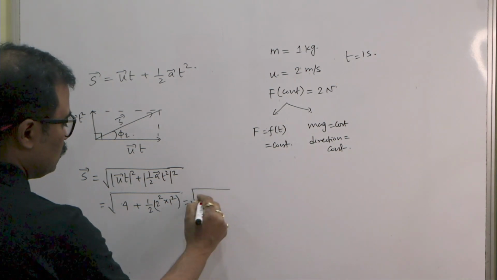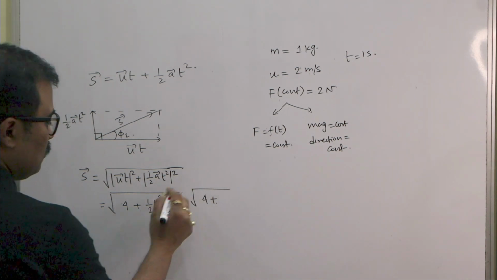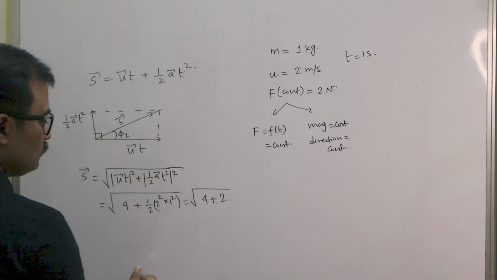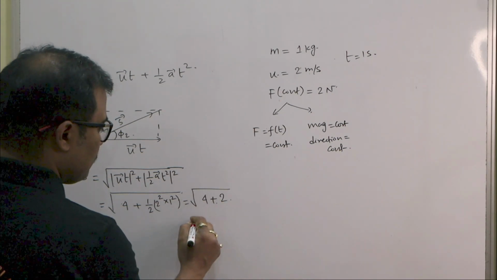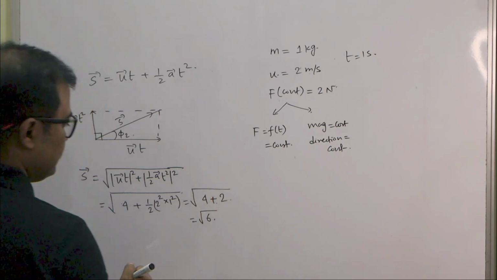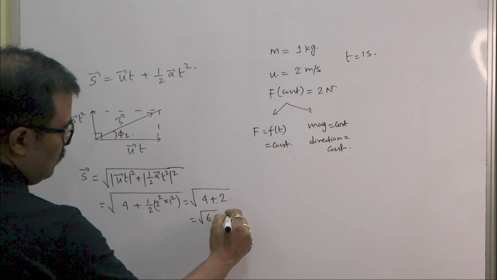So it is the square root of 4 plus 1, root 5 meter.